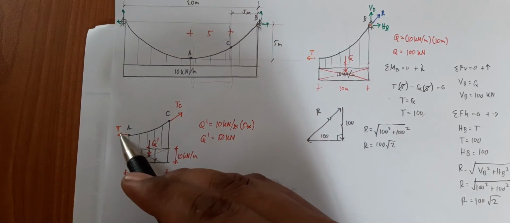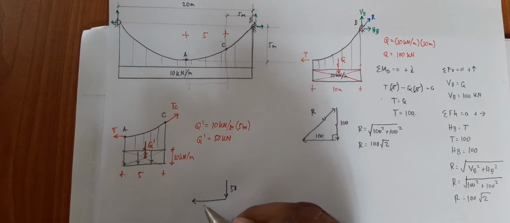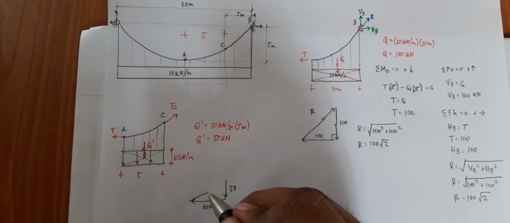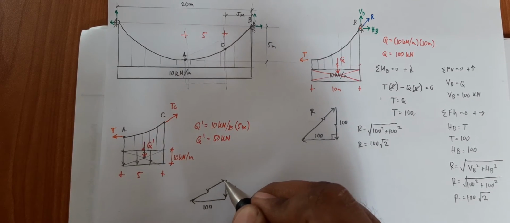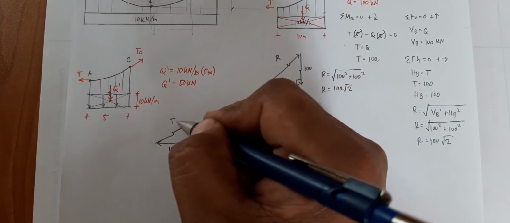Going to the left, you have their T, which is 100. Then you have tension at C, which would be this line that closes your force polygon. So basically that is TC.